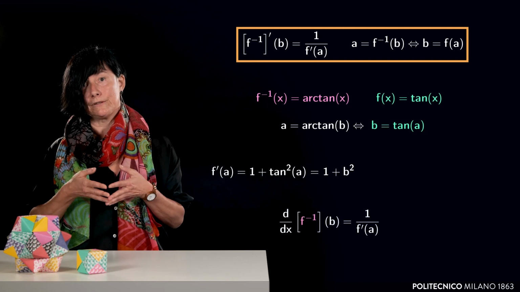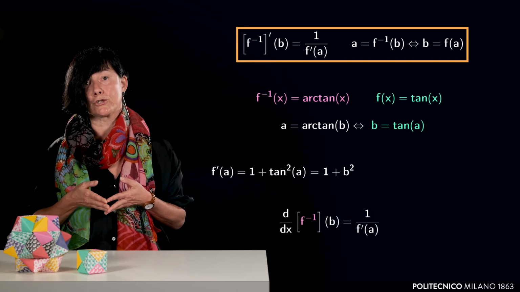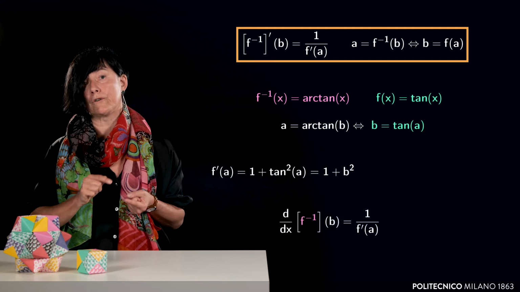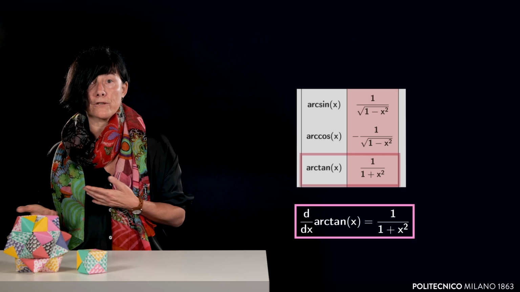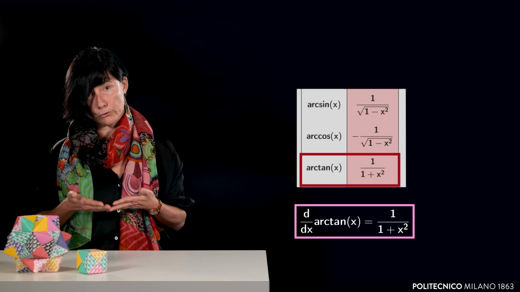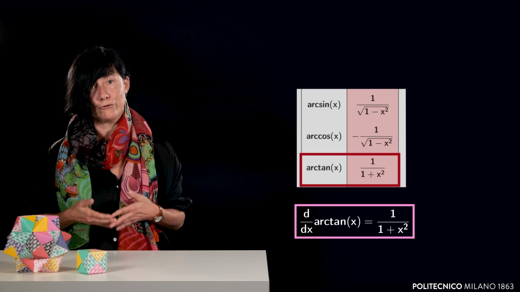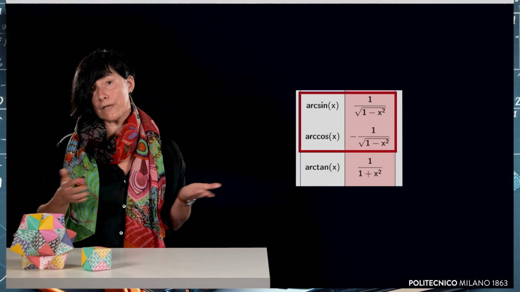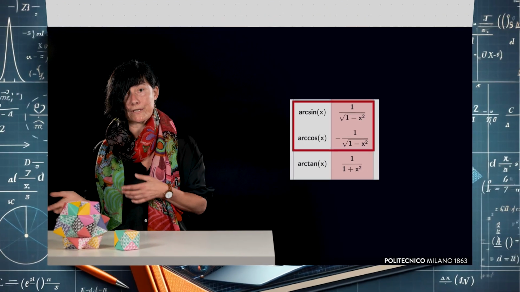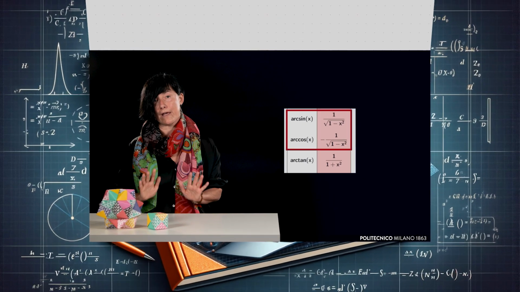All in all, the derivative of the inverse tangent function at b is 1 over 1 plus b squared. Reading x in place of b, this is exactly the rule in the table, which holds true for every real value x. The derivatives of the inverse sine and cosine functions can be obtained reasoning in the very same way.